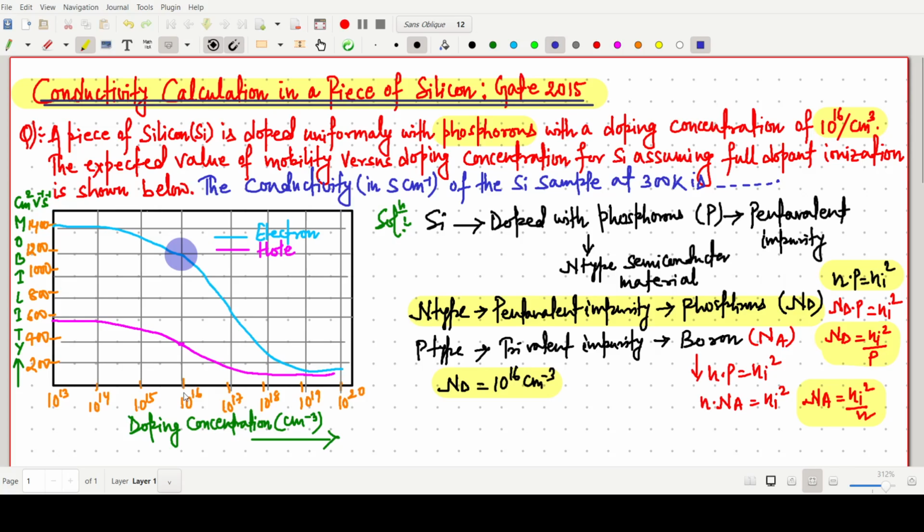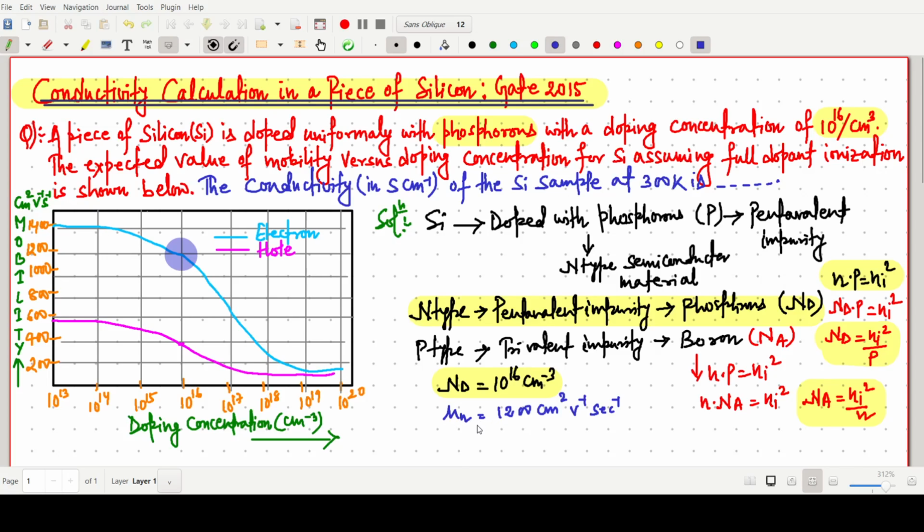At 10 to the power 16, the value of the mobility mu n is 1200 centimeter square per volt per second.